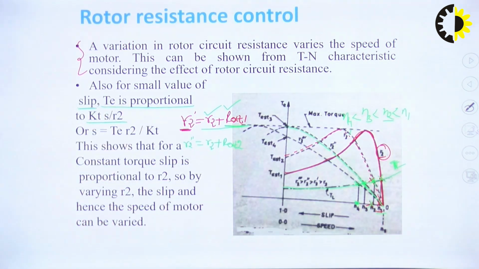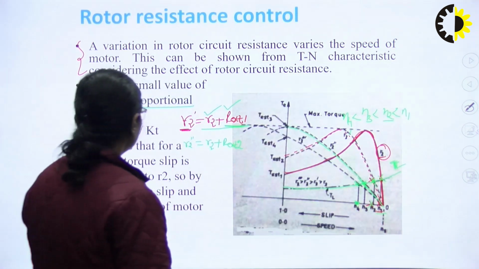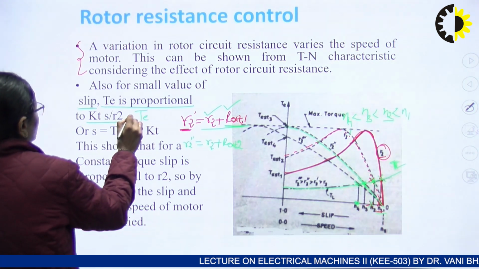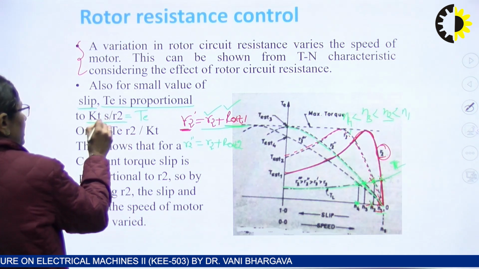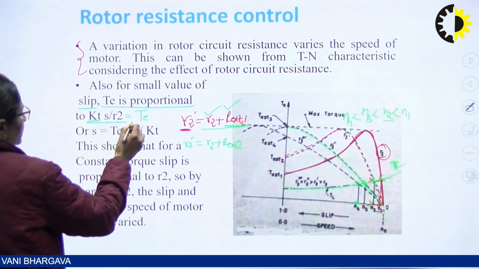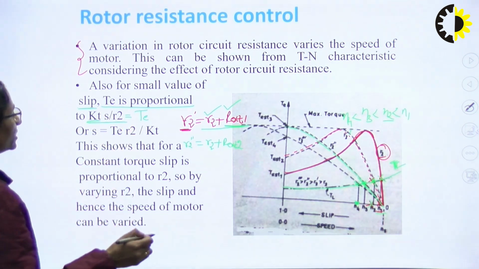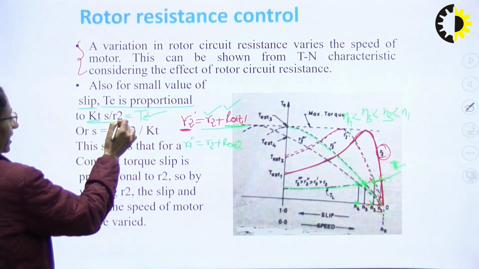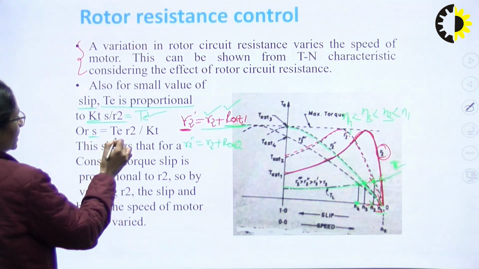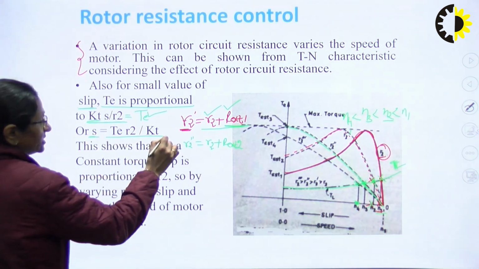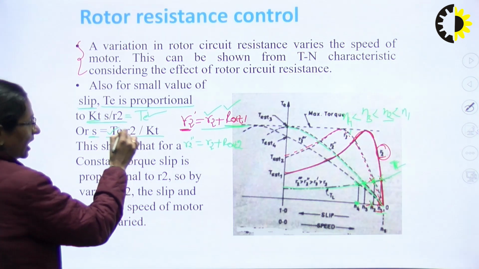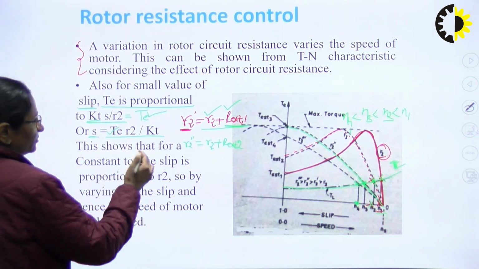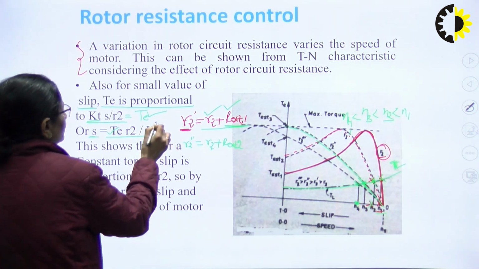For smaller values of the slip, I can write the electromagnetic torque Te to be proportional to Kt S upon R2, or the operating slip can be written as Te, the electromagnetic torque developed by the motor, times R2, which is the rotor circuit resistance, divided by some constant Kt.